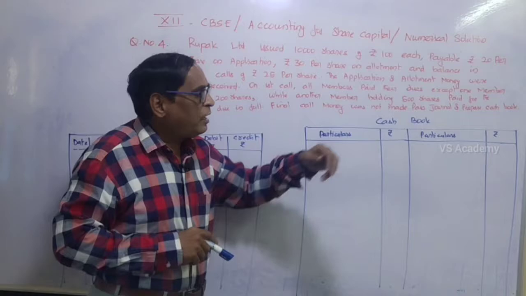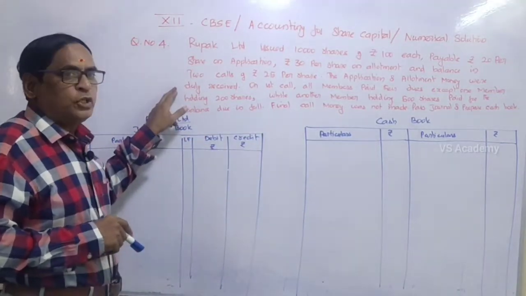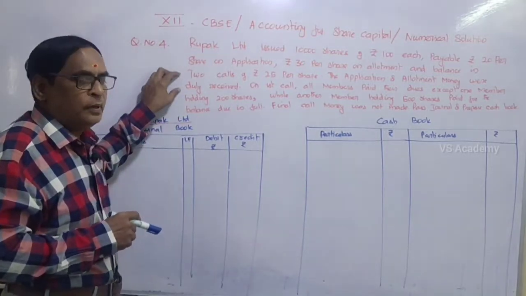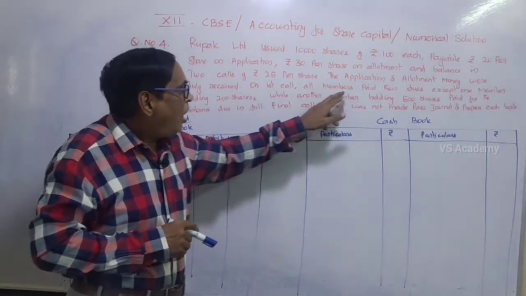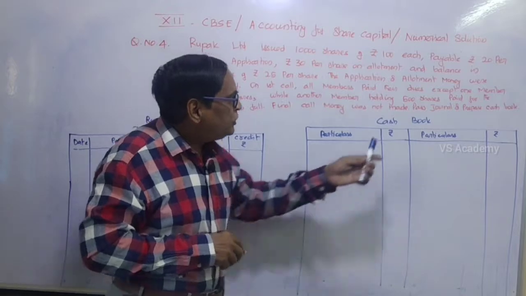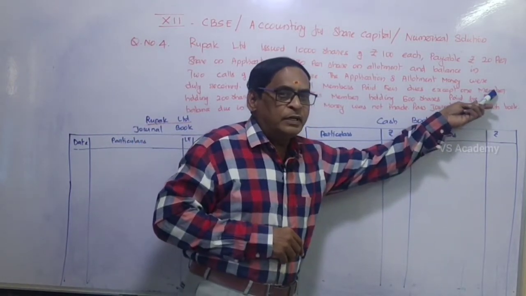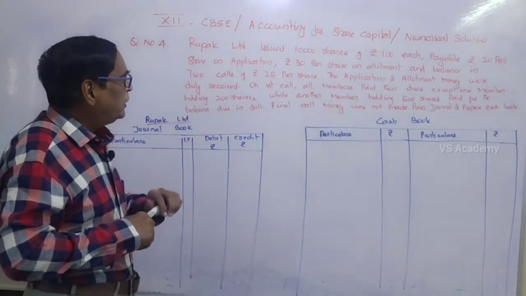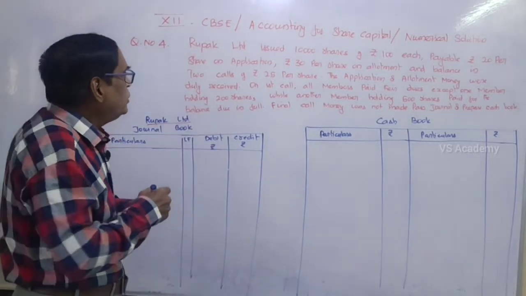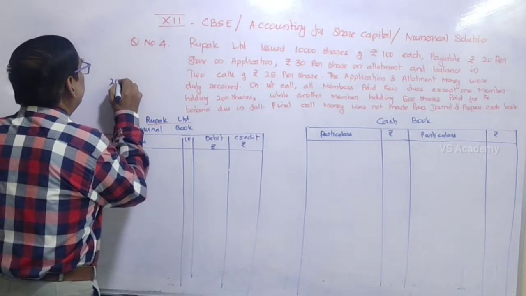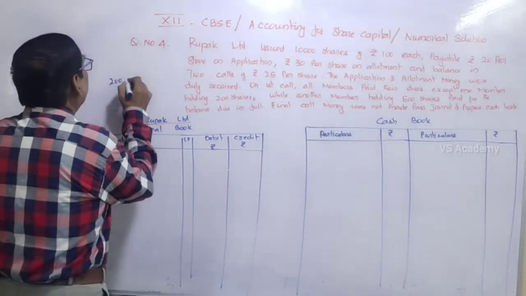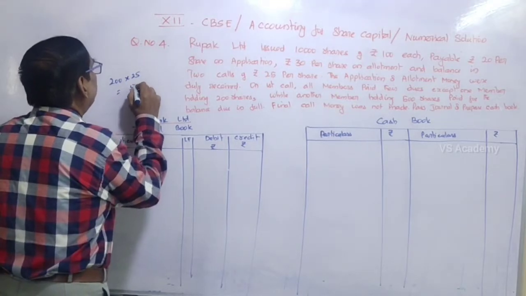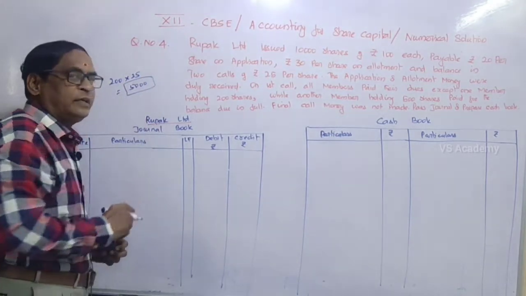The application and allotment money were duly received, so up to that stage there is no problem. But on the first call, all members paid their dues except one member holding 200 shares. What is the due amount? It is 25 rupees per share on 200 shares, so 5,000 rupees we have not yet received.